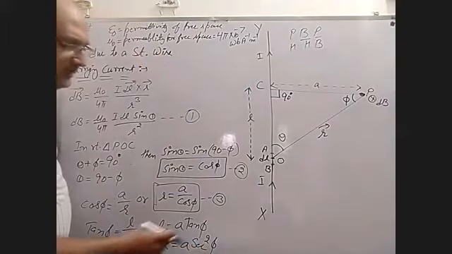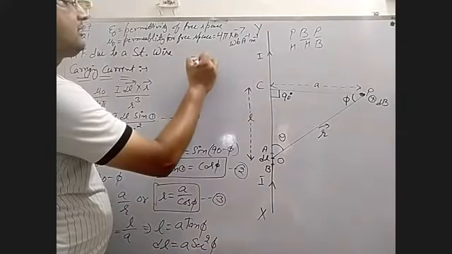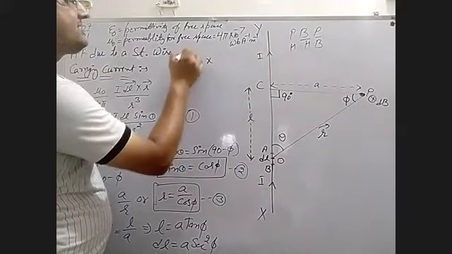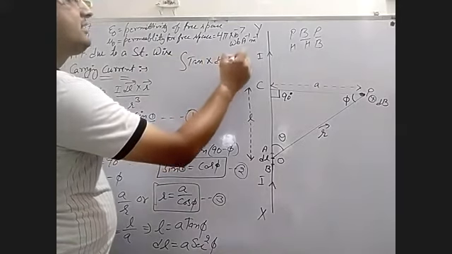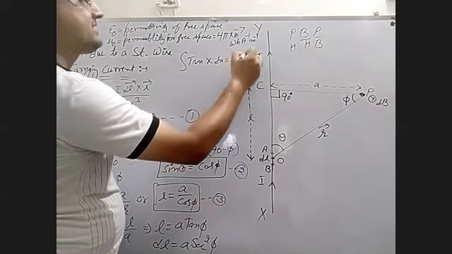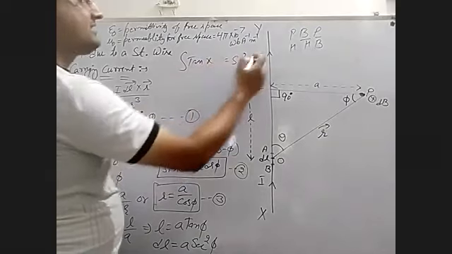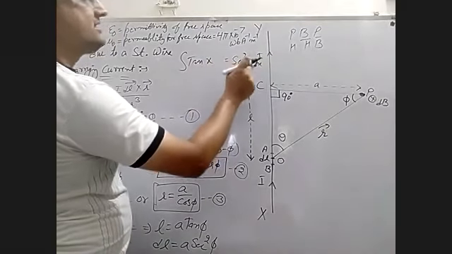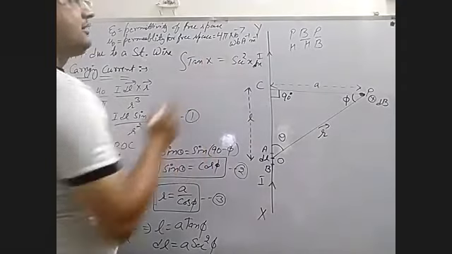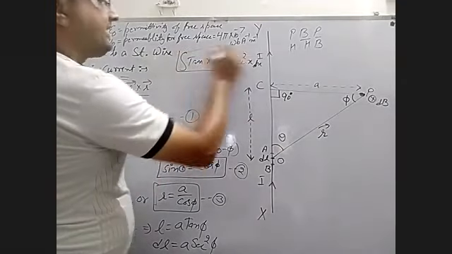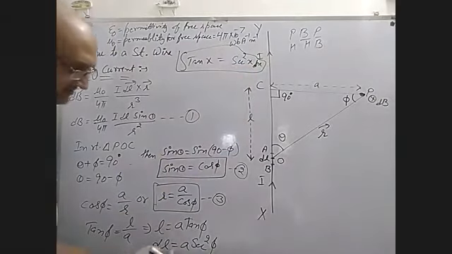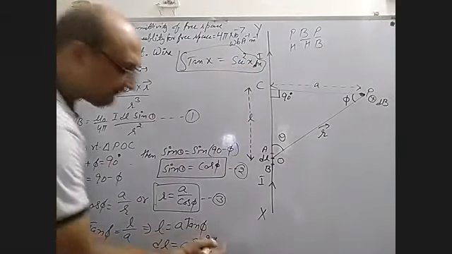Remember this thing, medical students: the integration of secant square x dx is tan x. So dl is equal to a secant square phi d phi.